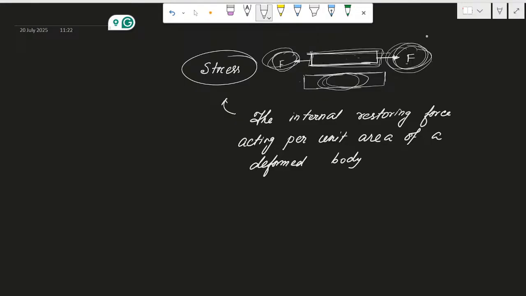Now, stress is force per unit area, here the restoring force per unit area, and that should be Newton per meter square, you know. This is the force and this is the area.